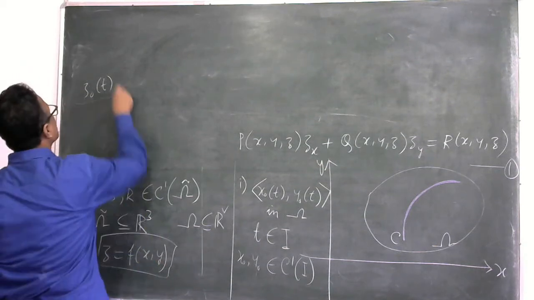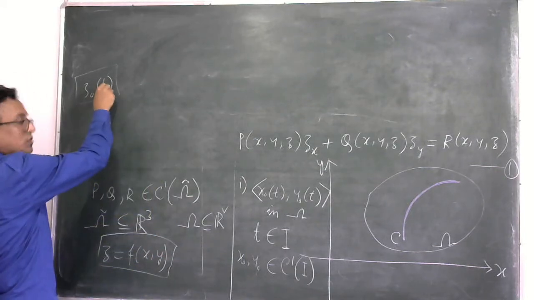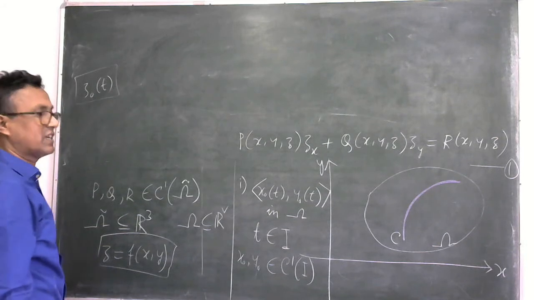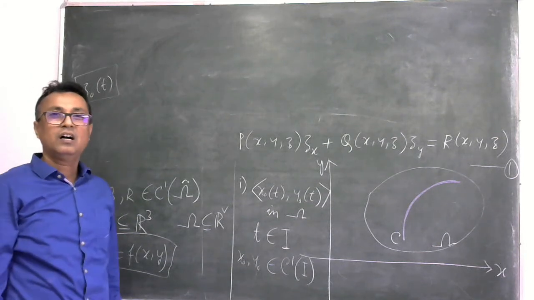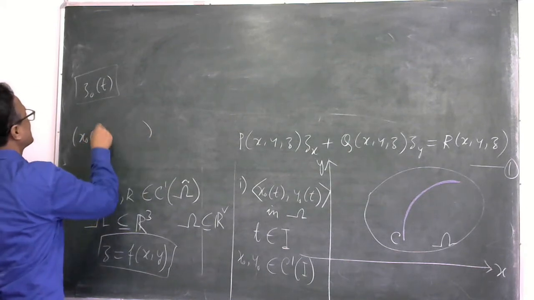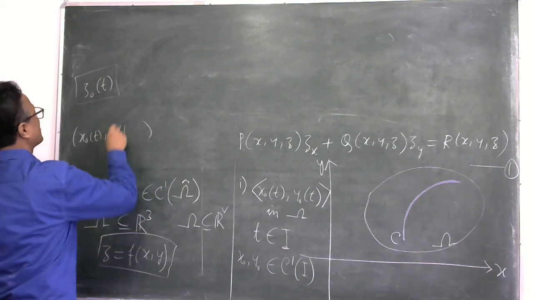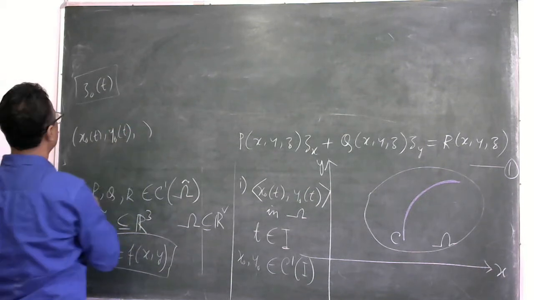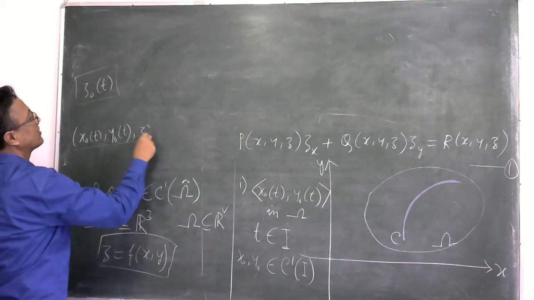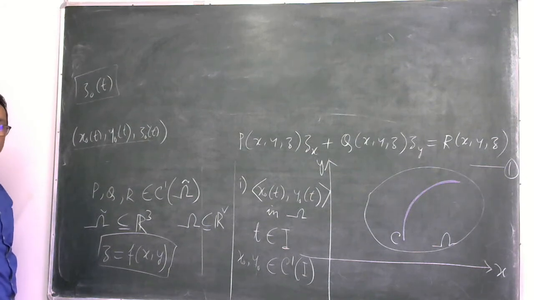So basically what is happening here, if you define a new function z naught t, that means I can seek a third coordinate corresponding to the point given by this, isn't it?